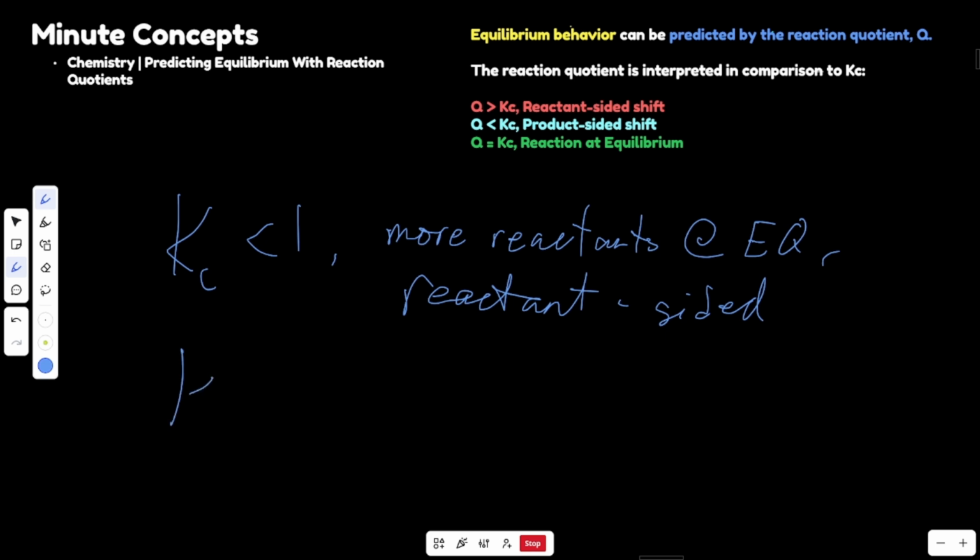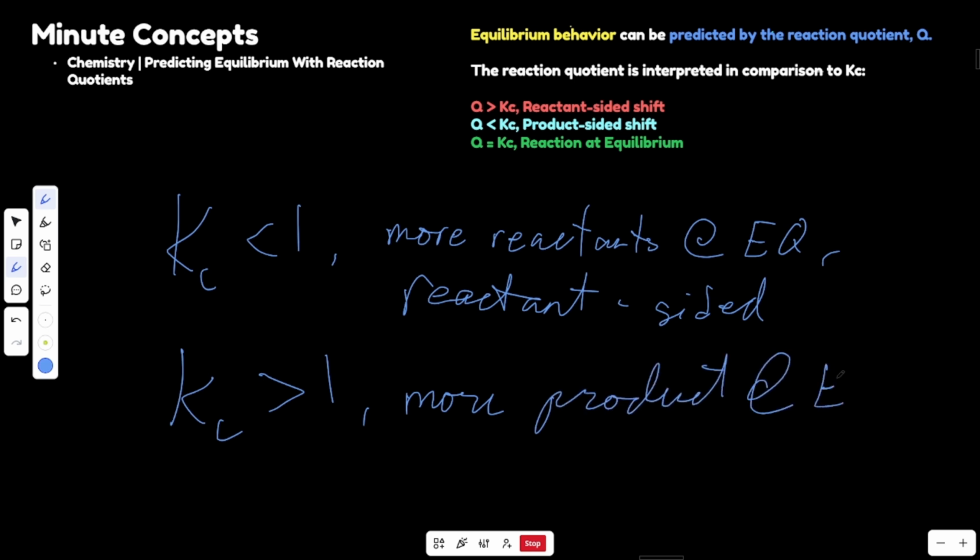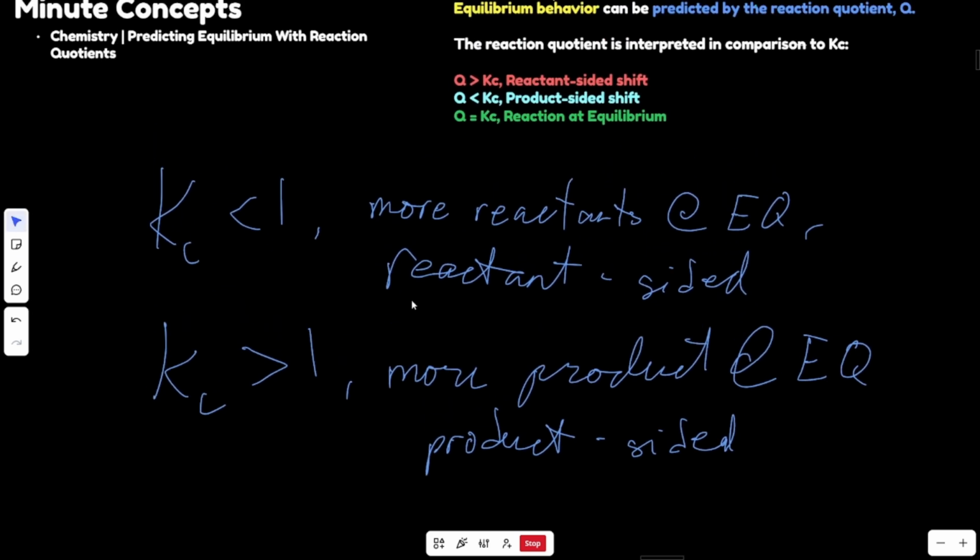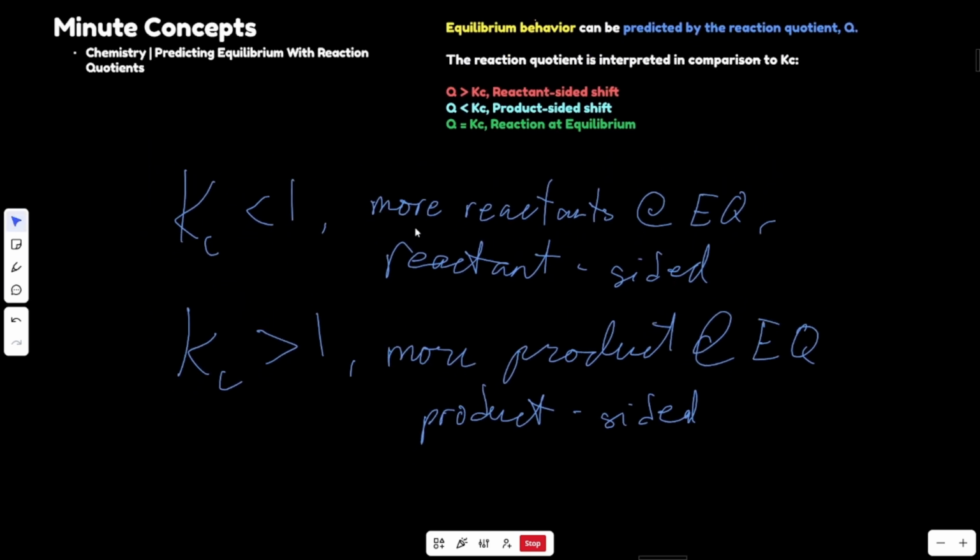Now, when Kc is greater than 1, there is more product at equilibrium. Right? Now, this is product sided. And when it's product sided, basically that just indicates that the forward reaction is more favored, and the opposite for when it's reactant sided, the backward reaction is more favored.